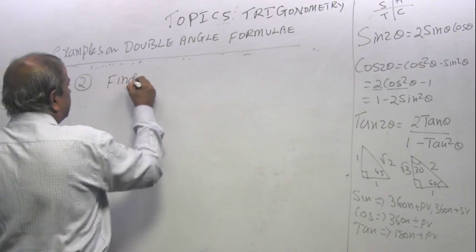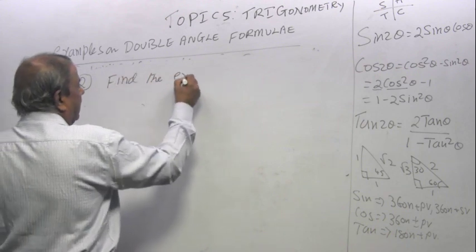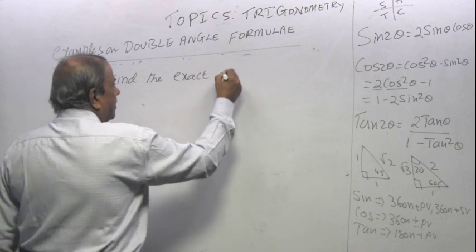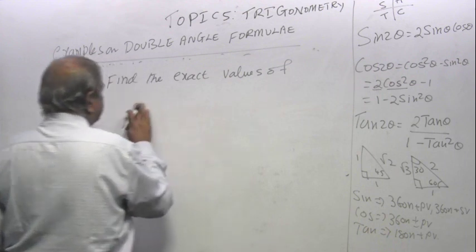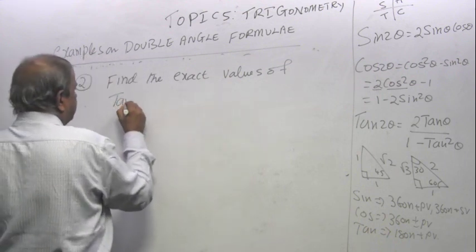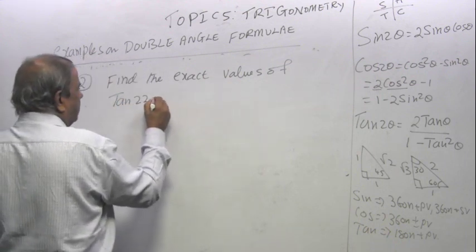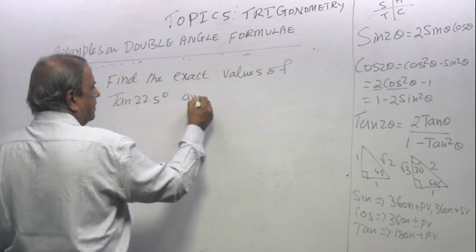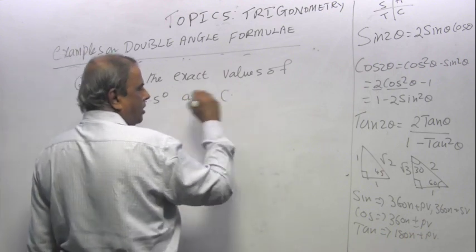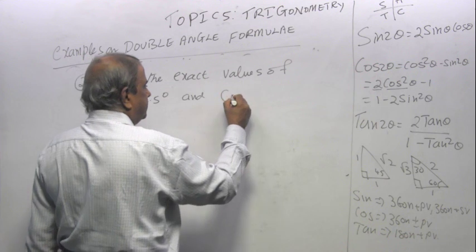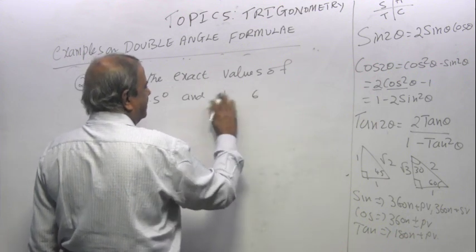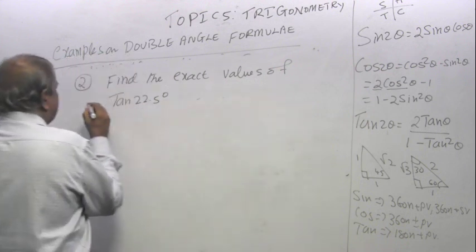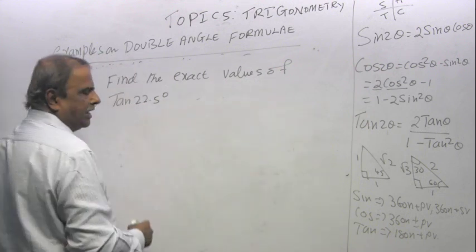Find the exact values of tan 22.5 degrees and cot 67.5. Let me put this as part A, tan 22.5.